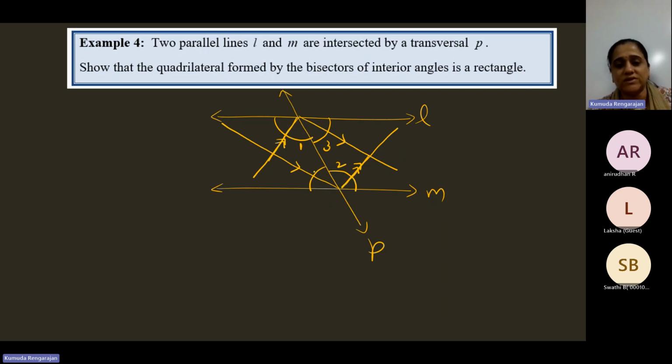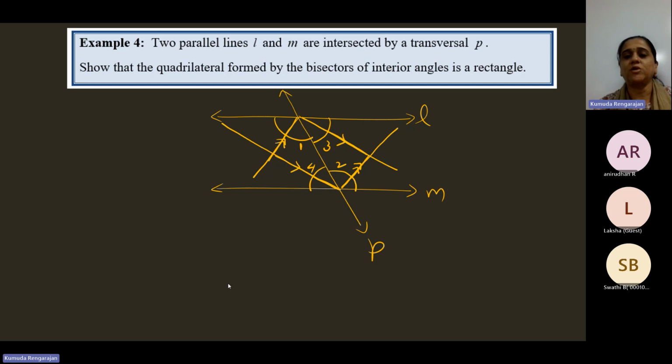Then we proved that 3 is equal to 4, so this one is parallel to this one because alternate angles are equal. So these two lines are parallel. Like this, we have proved that both the pairs of opposite sides of the quadrilateral are parallel. So it's a parallelogram.